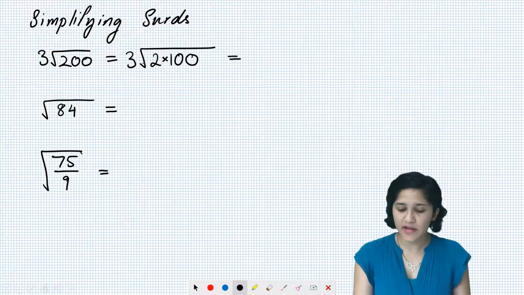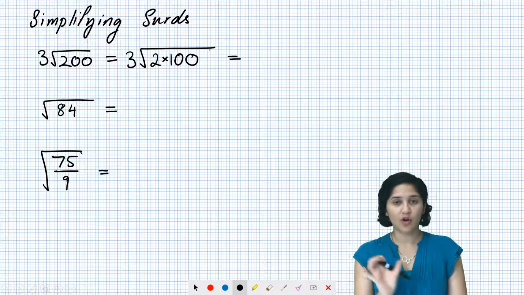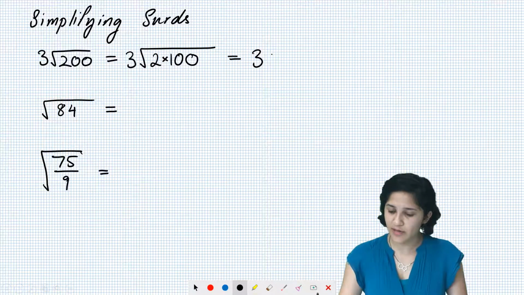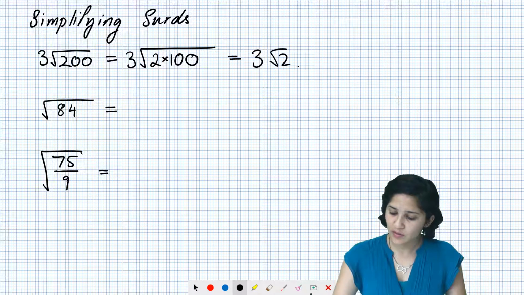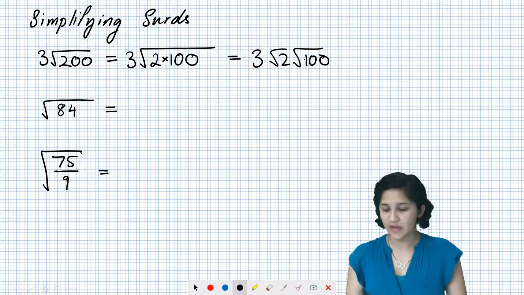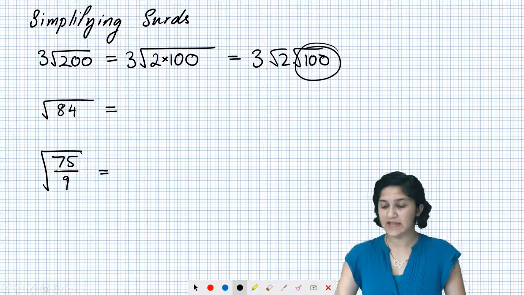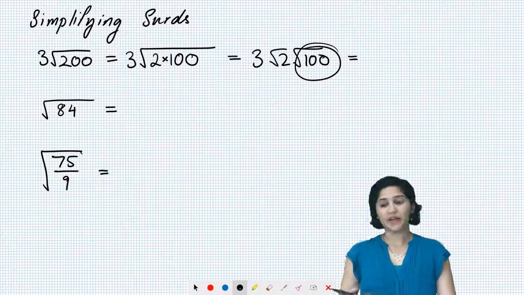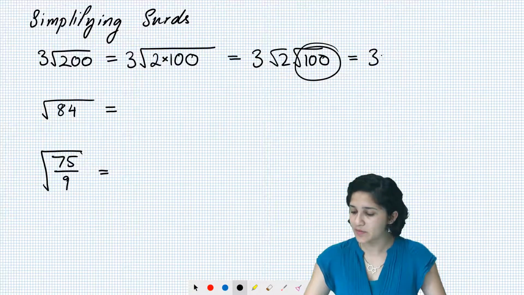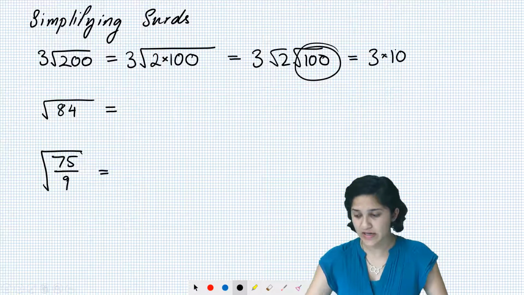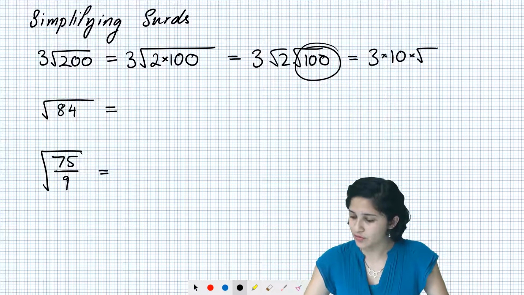So I know that I can split the square root over the product. So that's 3 root 2 root 100. Okay? And root 100 is actually just equal to 10. So it ends up being 3 times root 100, which is 10, times root 2.